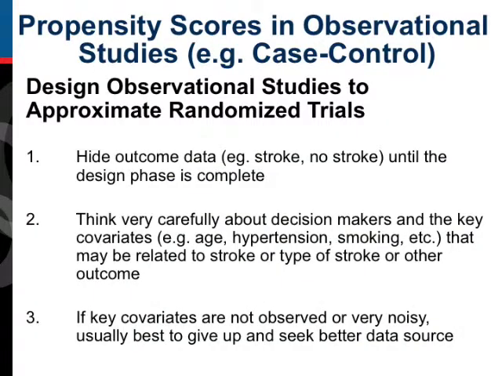So how you do this is you take the outcome data and you hide it, so you don't know which are cases and controls. You kind of blind between those two groups, and you do it until the design phase is complete. And then you list all the covariates, besides the one you're interested in, that are related to, let's say, intracerebral hemorrhage. So let's say I'm going to look at the effect of statins on the occurrence of intracerebral hemorrhage.